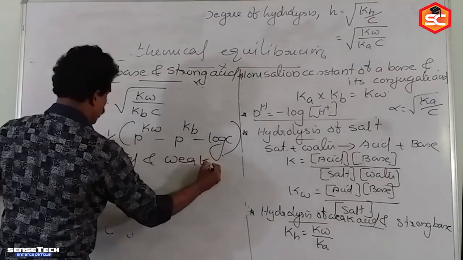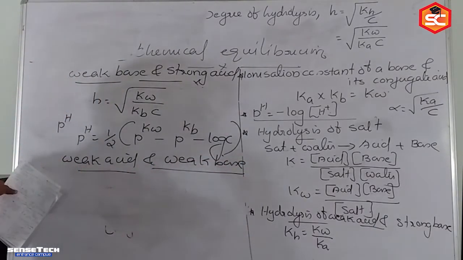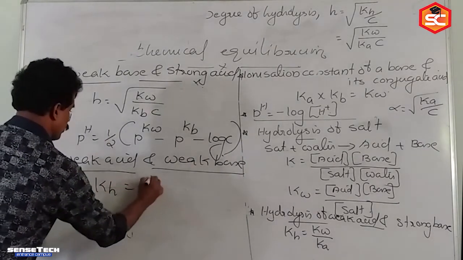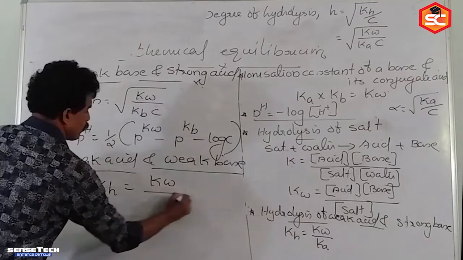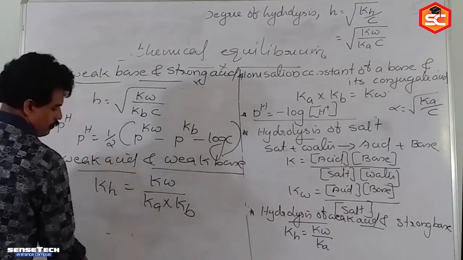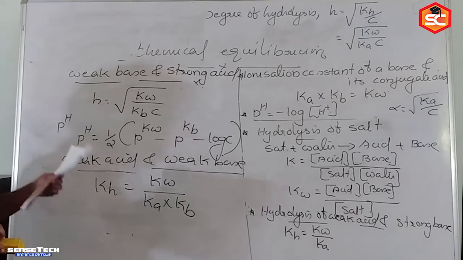Then we are taking the case of both weak acid and weak base. When a question is asked, you have to look at which option it is and substitute the formula accordingly. Weak acid and weak base. So KH is equal to Kw by Ka into Kb. Both are weak, so A and B both will be coming, and in the concentration K value we have to consider.